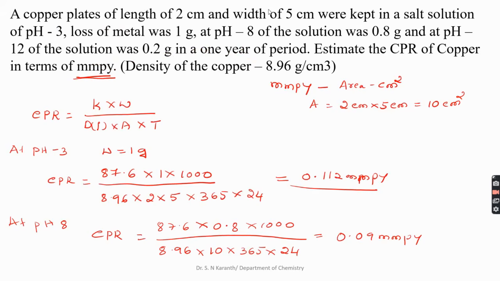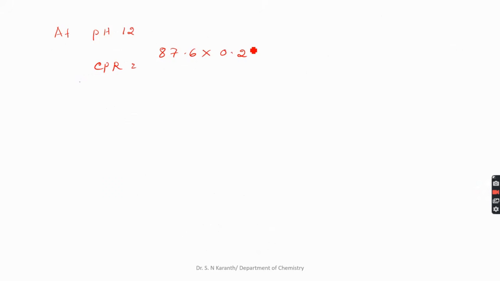Then in the basic medium at pH 12, CPR becomes equal to 87.6 into the loss of metal, what we observed is only 0.2 gram at pH 12, because most of the components get deposited, and that deposited product itself acts as a protective layer and prevents the loss of metal.